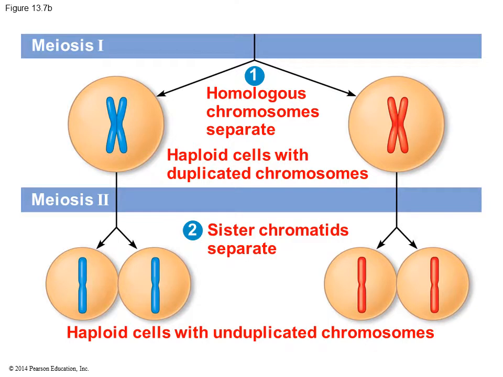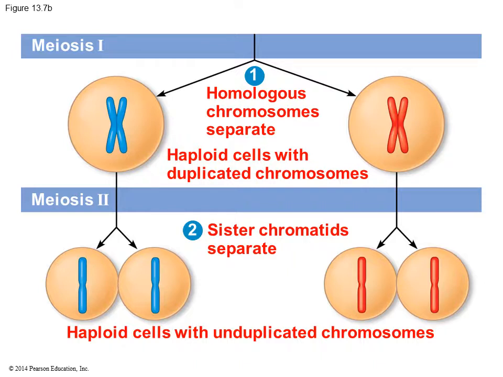Now, the homologous chromosomes separate during meiosis 1. More importantly, it is anaphase 1 of meiosis 1. These haploid cells are going to then go through meiosis 2. Why are those cells haploid?